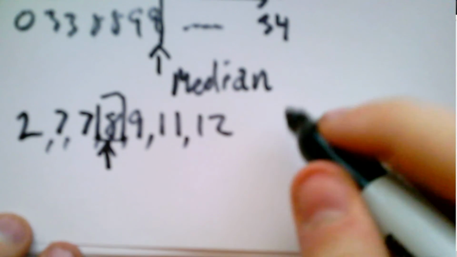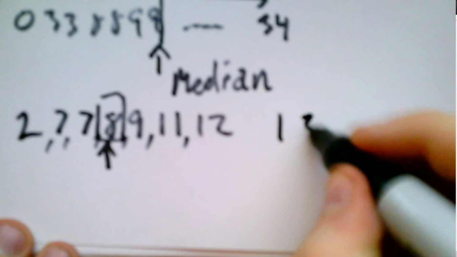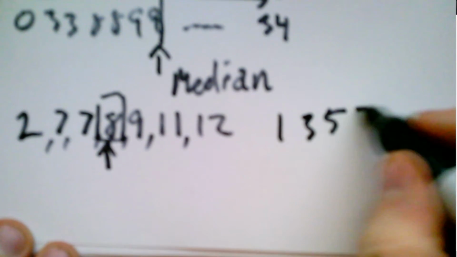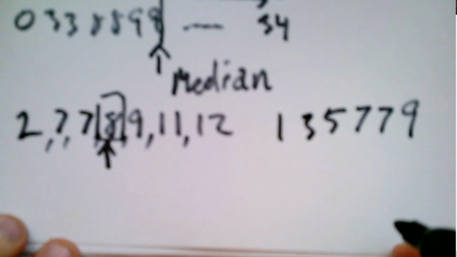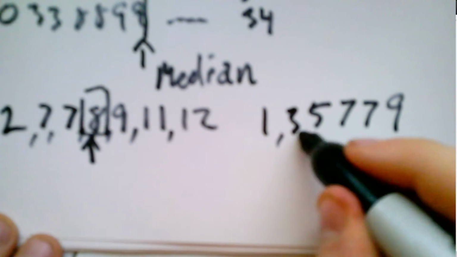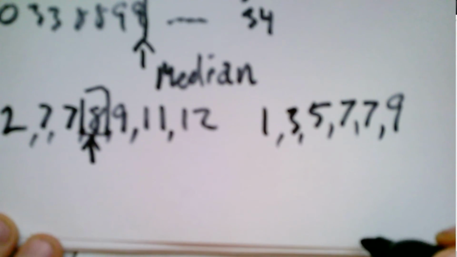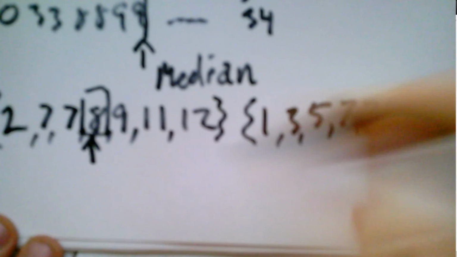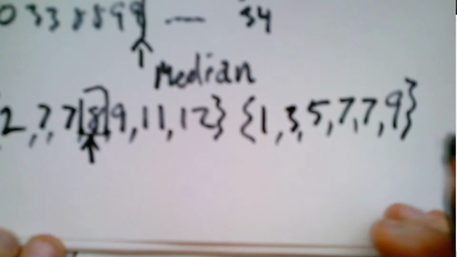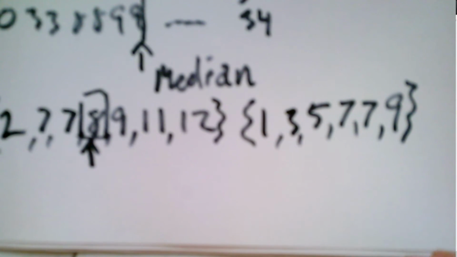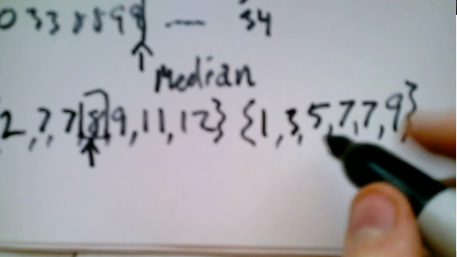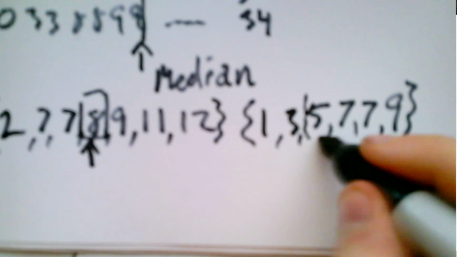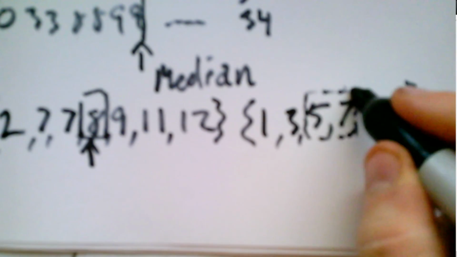Now, if we have another set that has 6 elements, so it's an even number, here it is. Well, you can't pick the middle element in an even number of elements, so we have to take the 2 middle elements here, 5 and 7, and usually we average these.